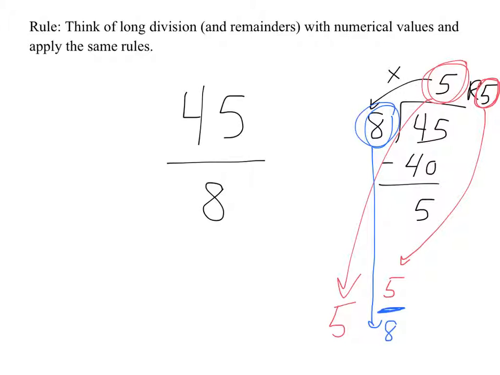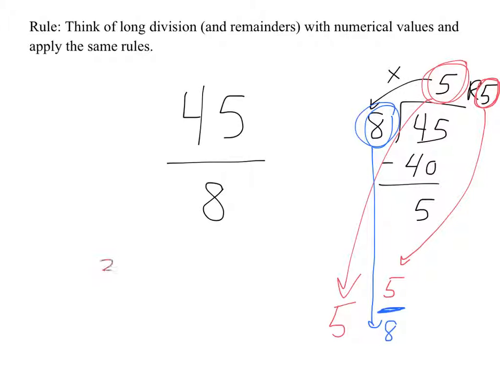We need to understand this, because if you don't, you're not going to understand what we're doing in a minute. So the quotient at the top, 5, becomes the whole number. The remainder becomes the numerator. The divisor, 8, becomes the denominator. 5 and 5/8.